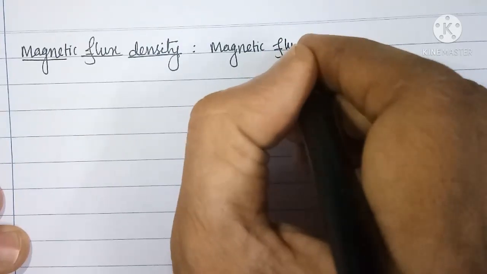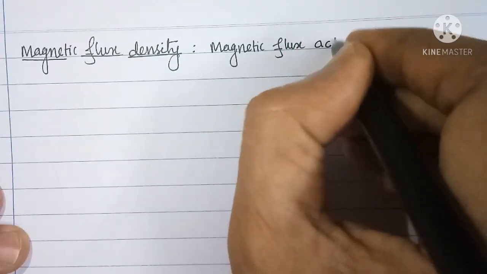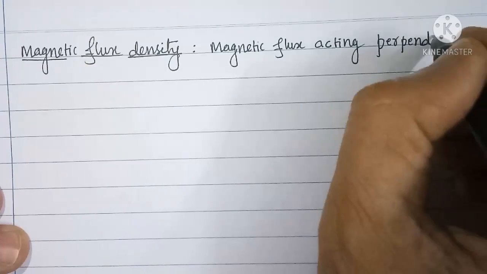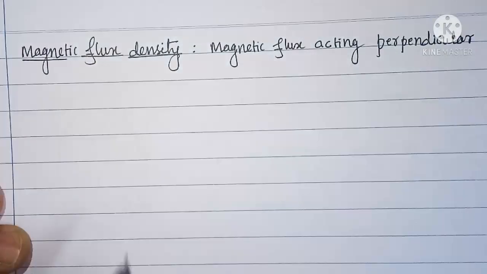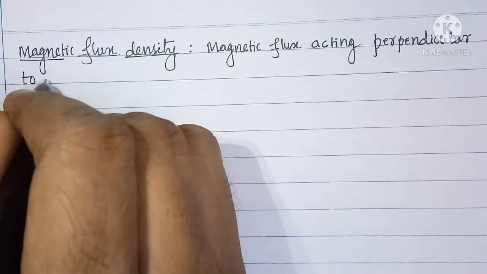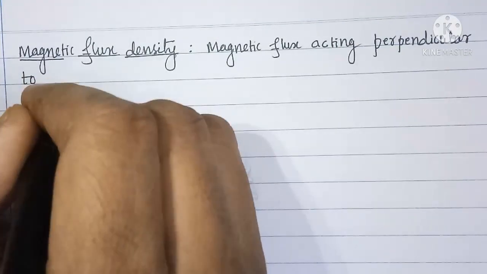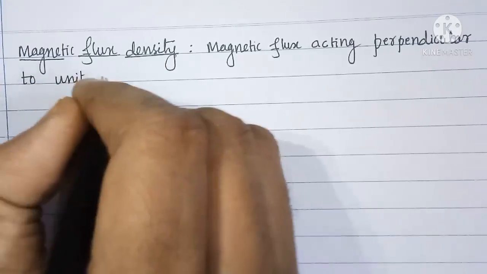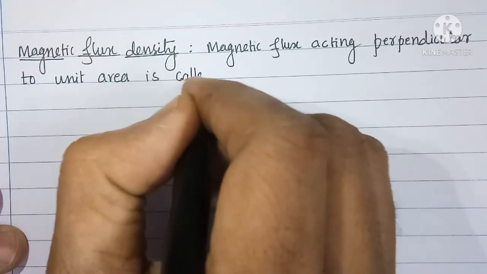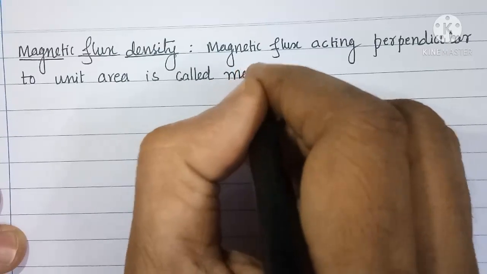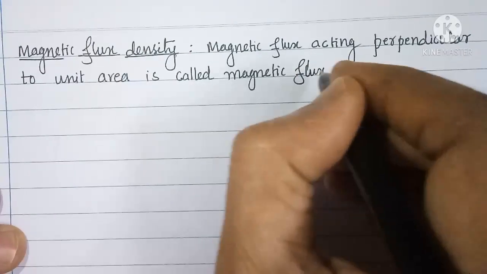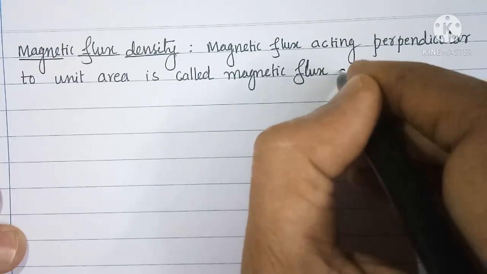Magnetic flux acting perpendicular to unit area is called magnetic flux density.